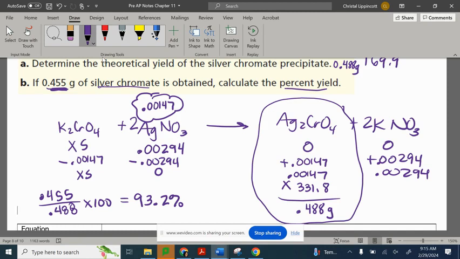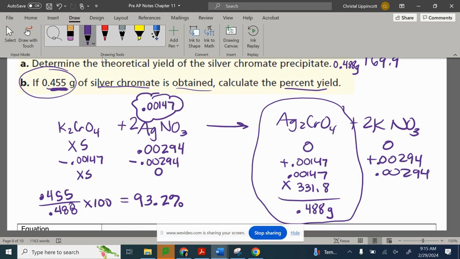That they told me right here. They said that this is how much you actually got. You see that right here in the problem? Does it always do that? Yeah. Or if it doesn't, it gives you a percent and you have to backtrack to it.